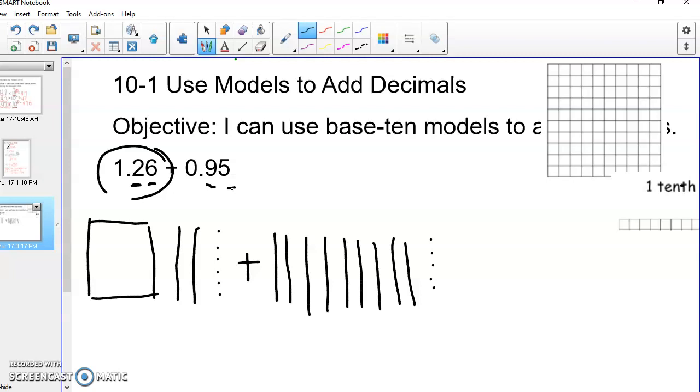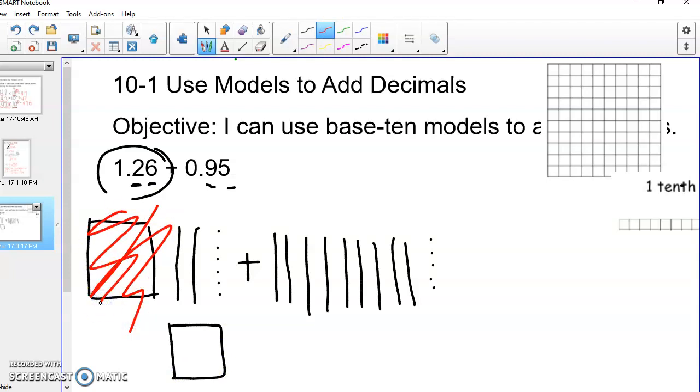Okay, so now what we're going to be doing is we're going to add them together. First off, we already have 1 whole, so I'm going to take that away. And then we're going to combine stuff right here. So if we want to get 1 whole, how many total sticks do we need here? These are the tenths.